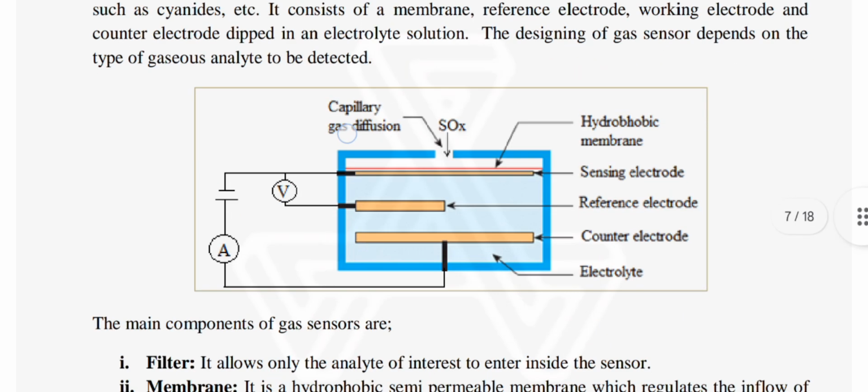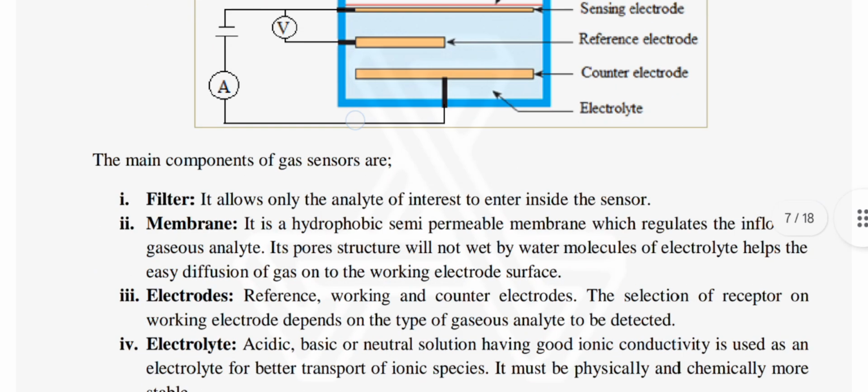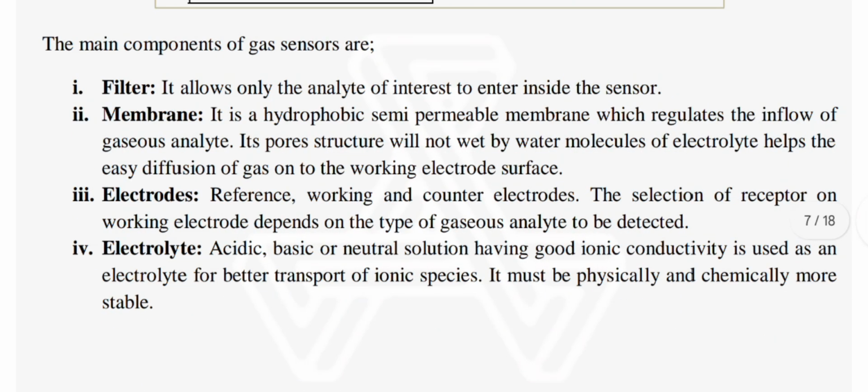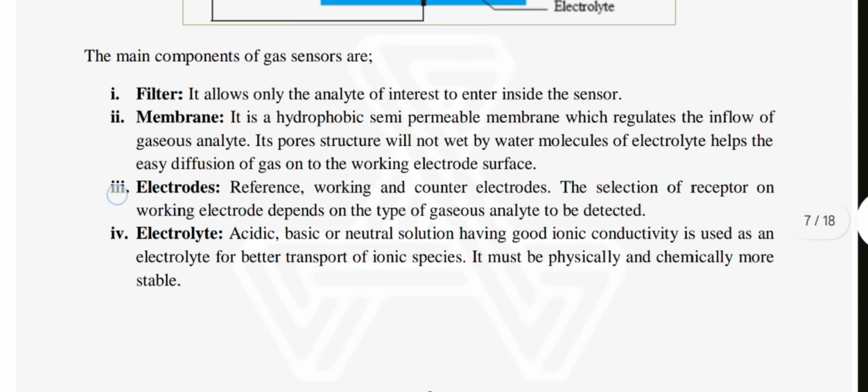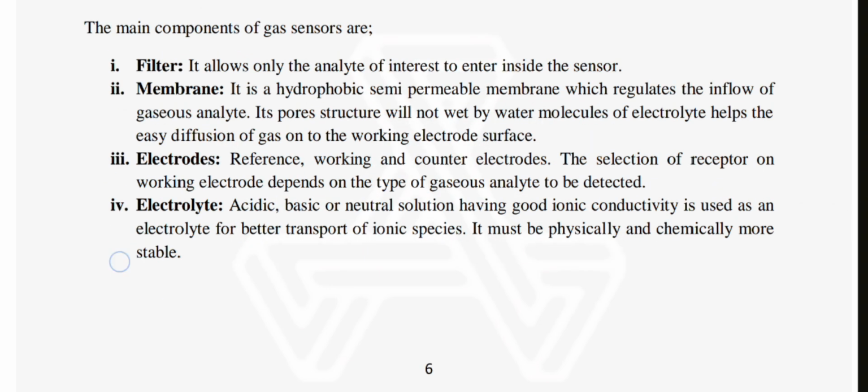The setup shows capillary gas diffusion of SOx, hydrophobic membrane, sensing electrode, reference electrode, counter electrode, electrolyte, connected to the voltmeter and the ammeter. The main components of the gas sensors are filter. It allows only the analyte of interest to enter inside the sensor. Membrane. It is a hydrophobic semi-permeable membrane which regulates the inflow of gaseous analyte. Its pore structures will not be wet by water molecules of electrolyte, helping the easy diffusion of gas onto the working electrode surface.